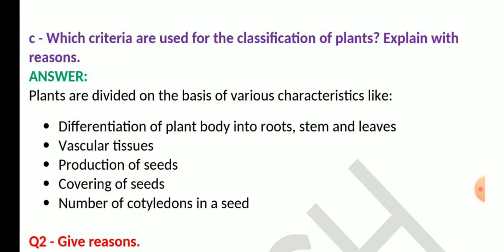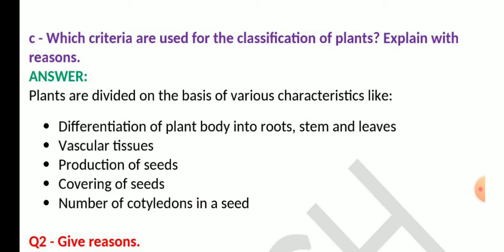Which criteria are used for the classification of plants? Explain with reason. Plants are divided on the basis of various characteristics like first, differentiation of plant body into roots, stems and leaves.